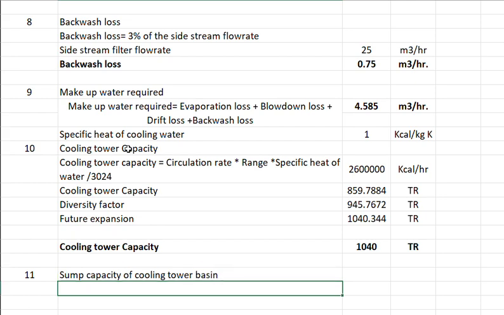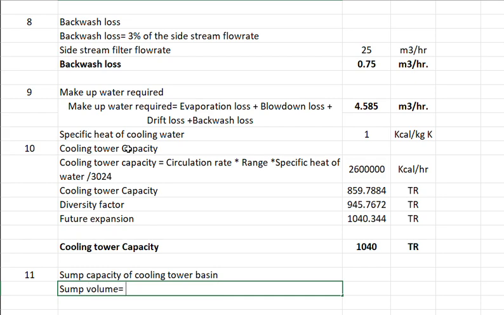Sometimes you get the question of how to calculate the cooling tower basin volume. Sometimes the vendor provides FRP, but most industries prefer an RCC sump to accommodate their requirements.